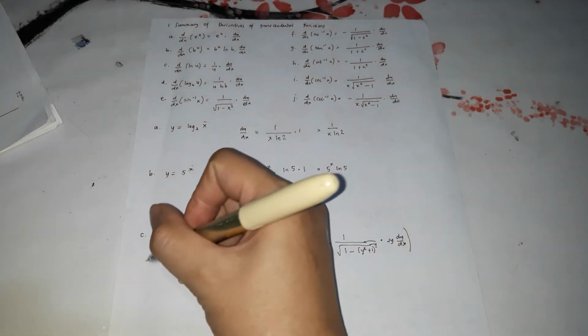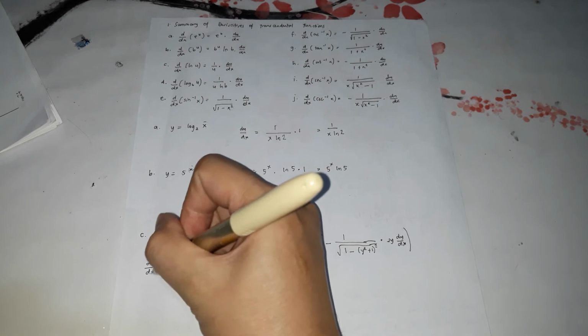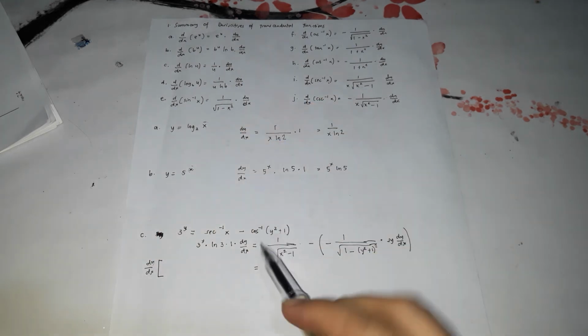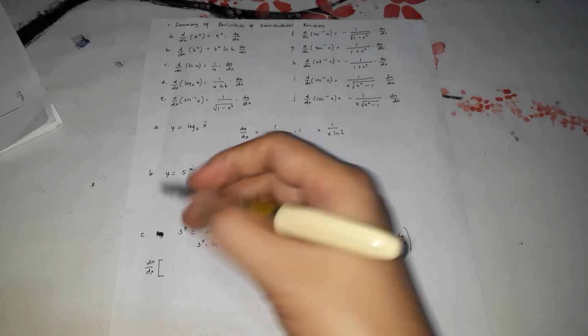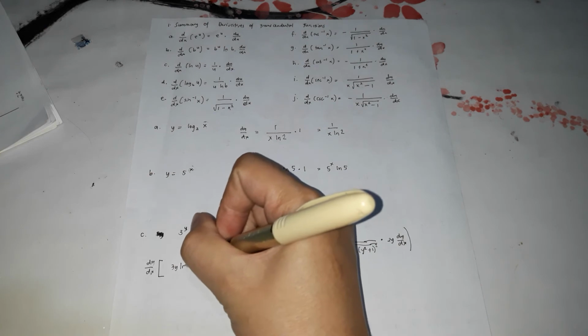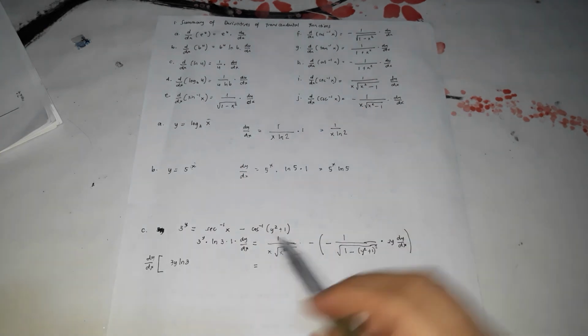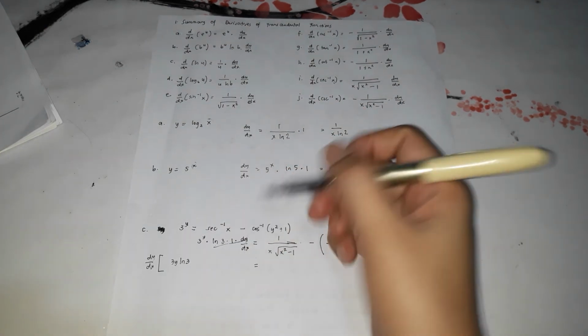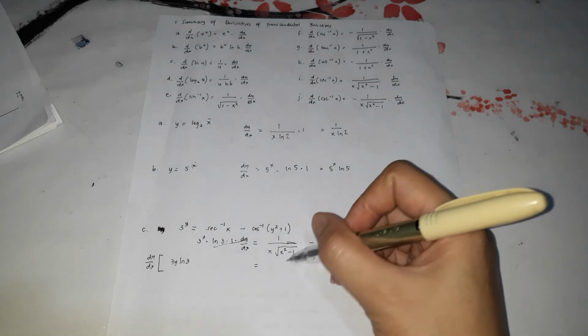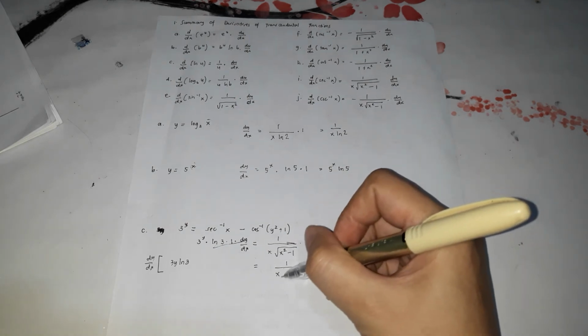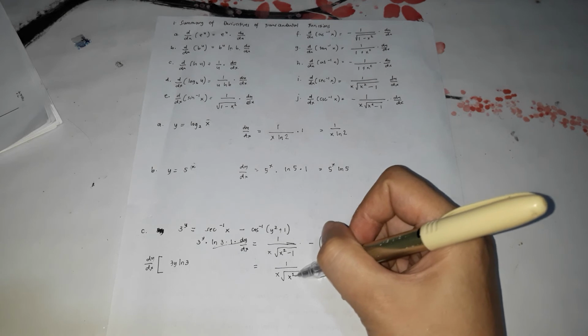Next, we move all terms with dy over dx to the left side. So we factor out dy over dx. The first term, 3 to the y times ln 3 times 1, is 3 to the y ln 3. We cross out this one, and this one remains because it has no dy over dx.